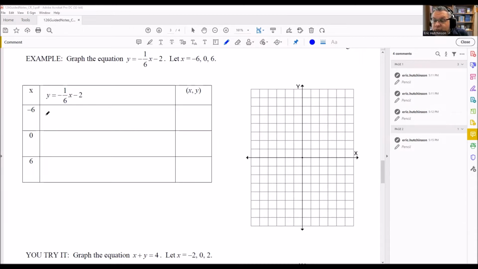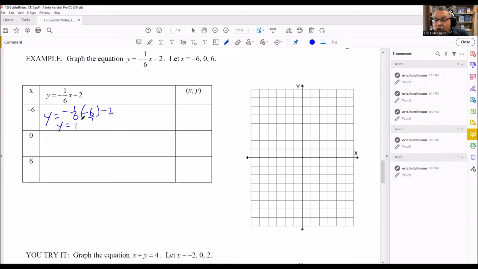That makes things easier. Okay, so we have y equals -1/6, and we're going to put in a -6 here, and we have -2. Now this is really going to be -6 over 1, and so when we multiply that together, the 1s and the 6s are going to cancel, negatives, positives.